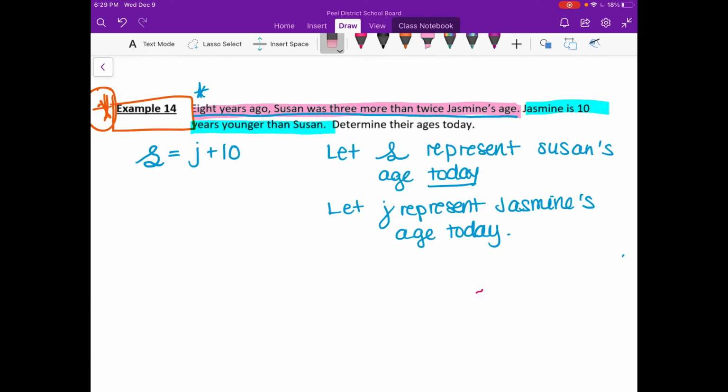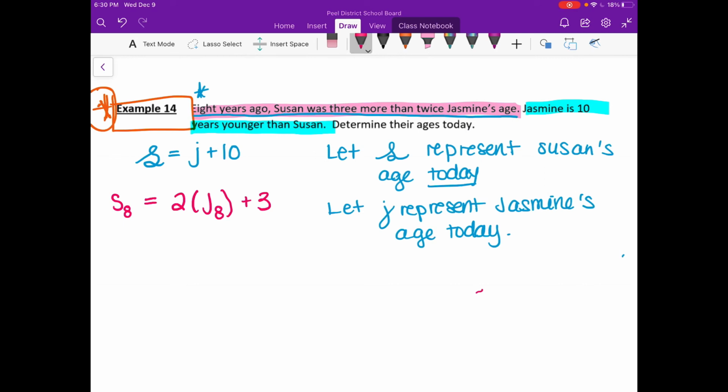Before I do this, for me personally, what worked was I'm going to write Susan 8, which means Susan 8 years ago, was 2 times Jasmine's age 8 years ago plus 3. Right? Because she was 3 more than twice Jasmine's age at that time. So it was 2 times Jasmine's age plus 3.